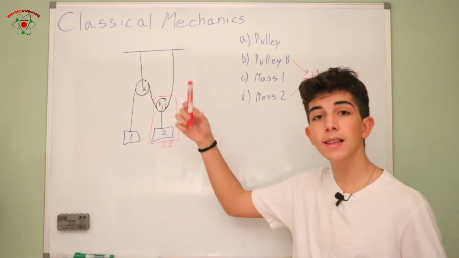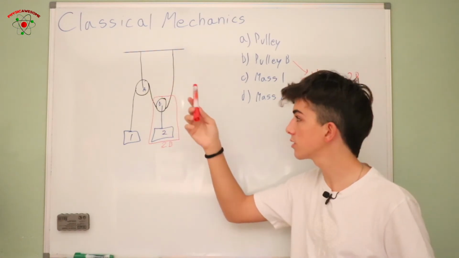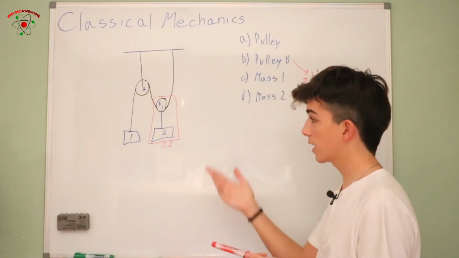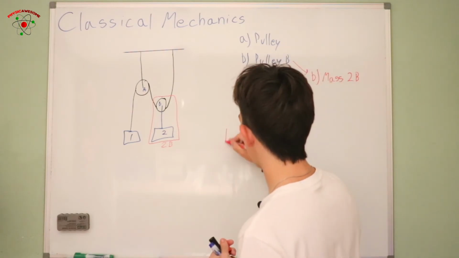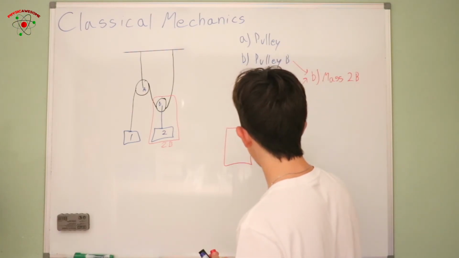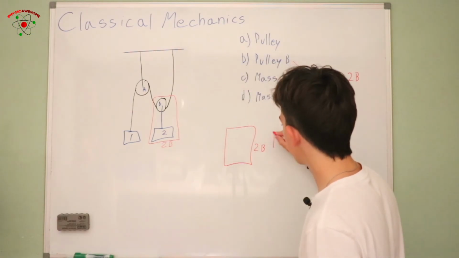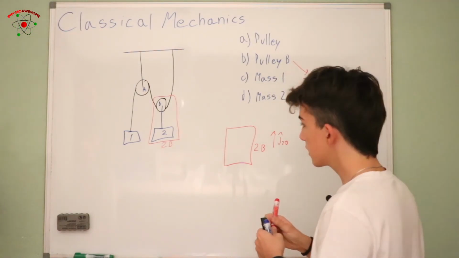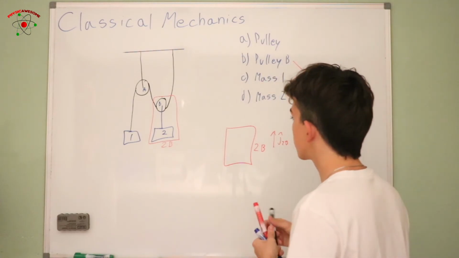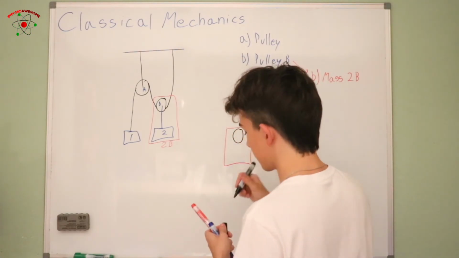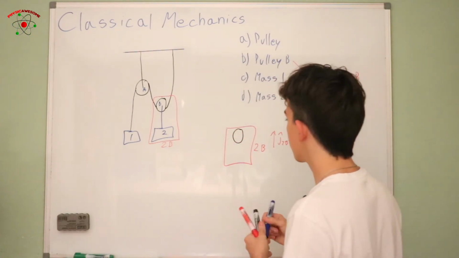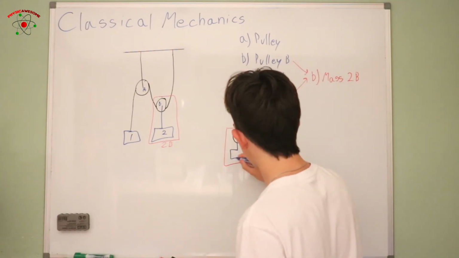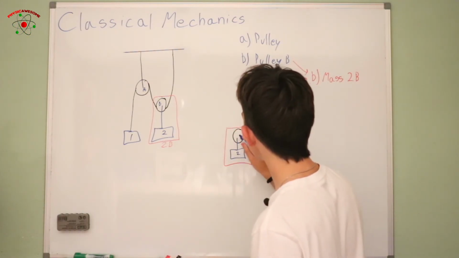For instance, let's analyze the situation in this case. Now we are going to have our compound body 2B with its j hat vector 2B, and we will draw inside of it the different parts that make it up, just for illustration purposes.